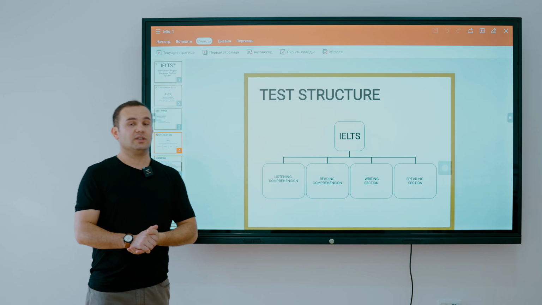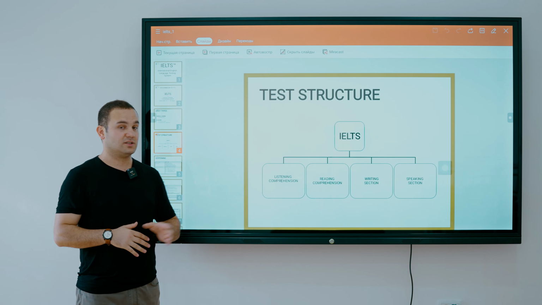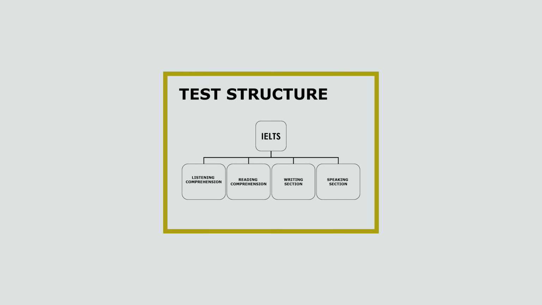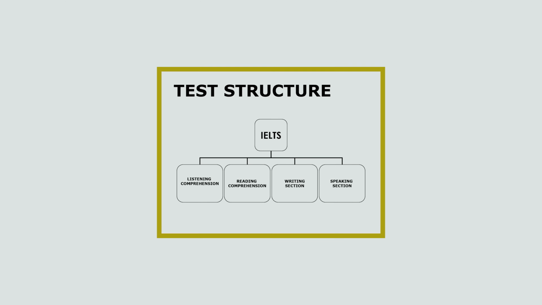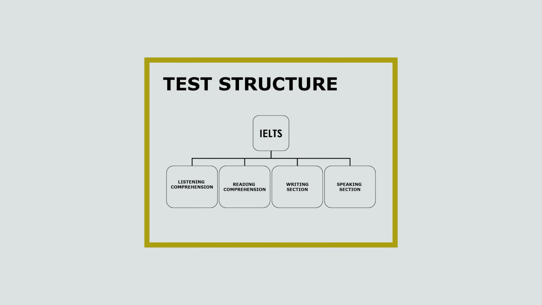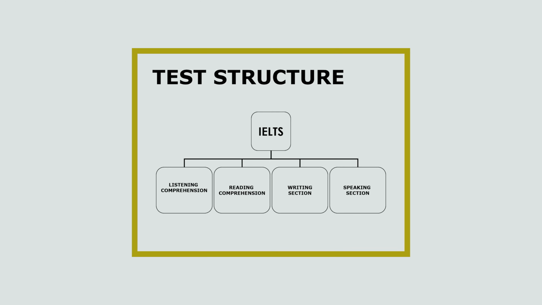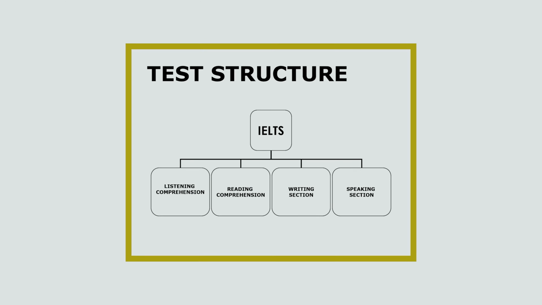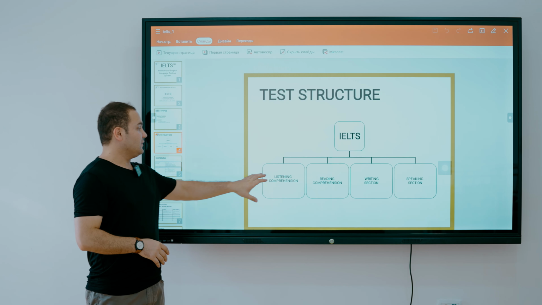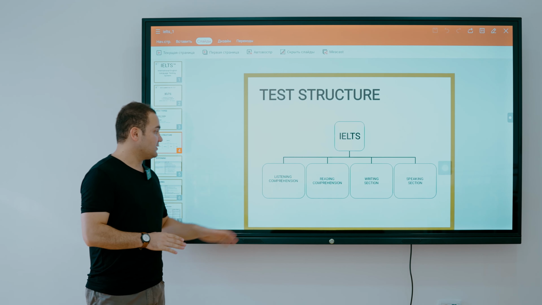The test structure in both types of the IELTS is the same, but there are some differences. First, we have four sections to assess the four skills of the candidate. In the first section, listening comprehension is evaluated, and there are some criteria to evaluate it. And we have reading comprehension, with some questions.